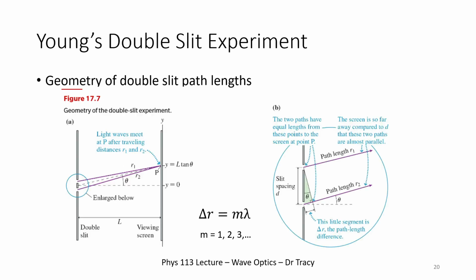Considering the geometry here on the left side, the distance between the double slit device and your screen is length L, and the central maximum is at y equals 0. So the distance to whatever bright fringe you're looking at is going to be L times the tangent of the average angle between those two neighboring slits.